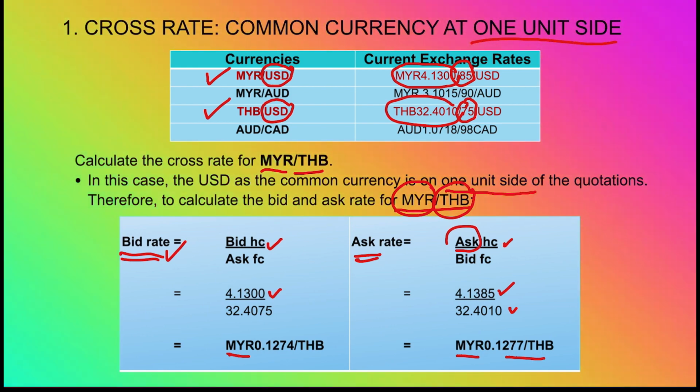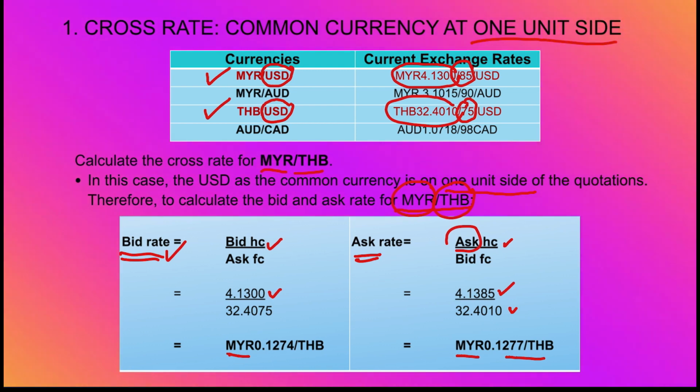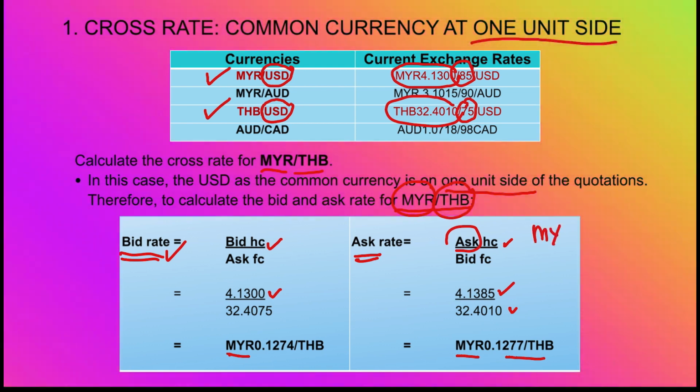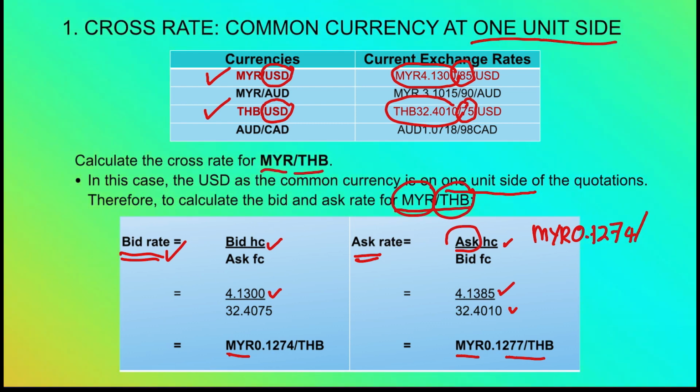So if you want to quote as the bid-ask rate, Malaysia Ringgit 0.1274/77 per Thai Baht.